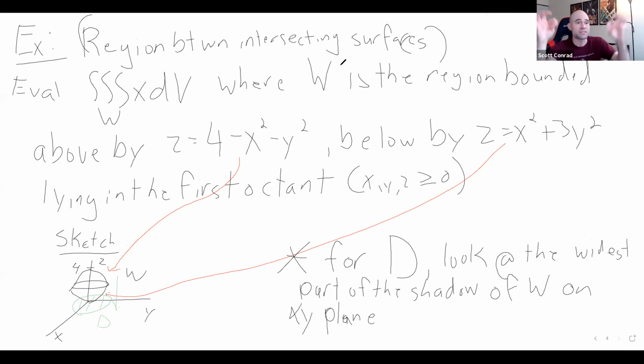It's right, it's the intersection. So here, the widest part of W, this is really hard to read, is the intersection of the surfaces.